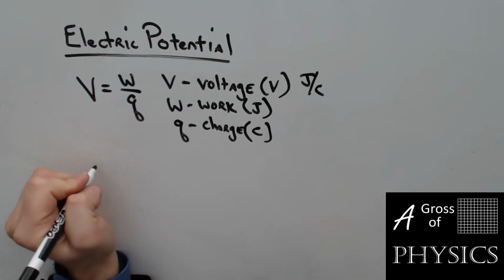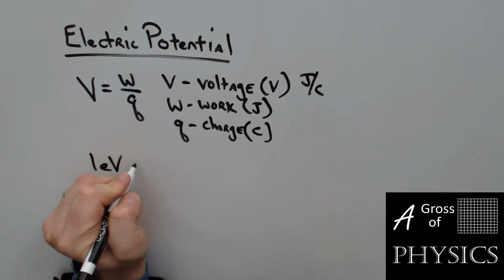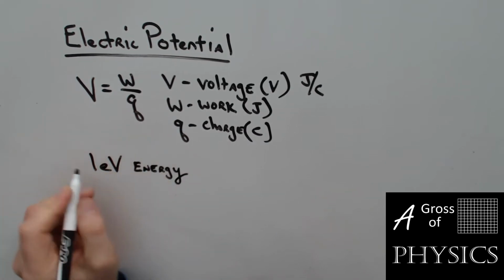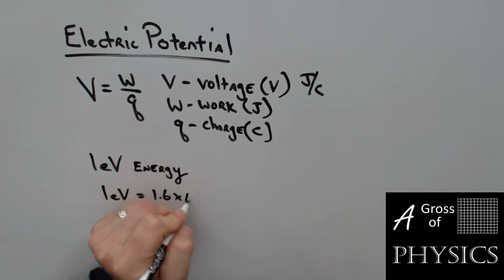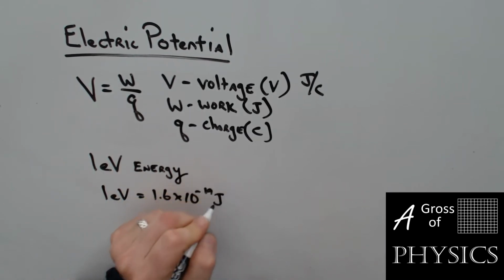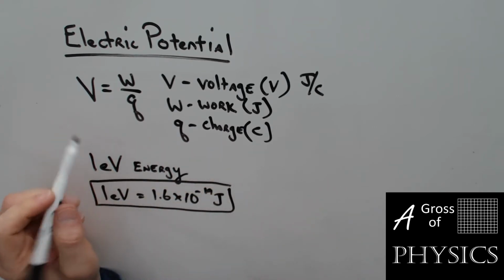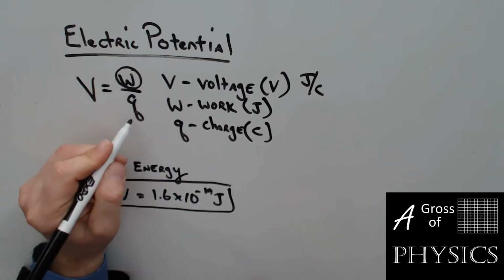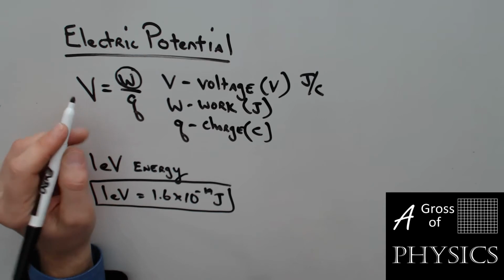Now that's not to be confused with an electron volt, which is a unit of energy. One electron volt is 1.6 times 10 to the negative 19 joules, and it's defined as the amount of work required to move 1 electron through 1 volt in a field.